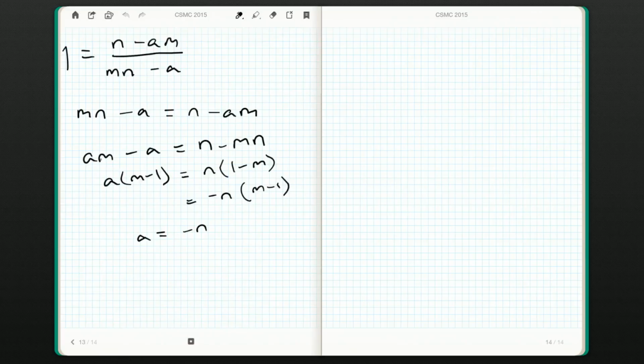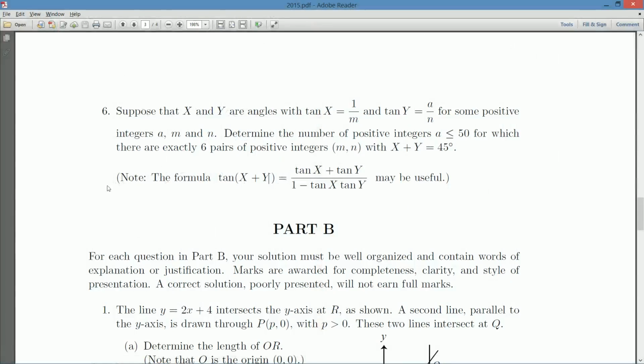Brought the am over here. Brought the mn over here. Took out a factor of n, took out a factor of a. Divided both sides by m minus 1. Unless m is forced to be 1, in which case we can't divide by 0, I've done something wrong. We'll get tan of a and a over mn down there, we'll get mn over there.